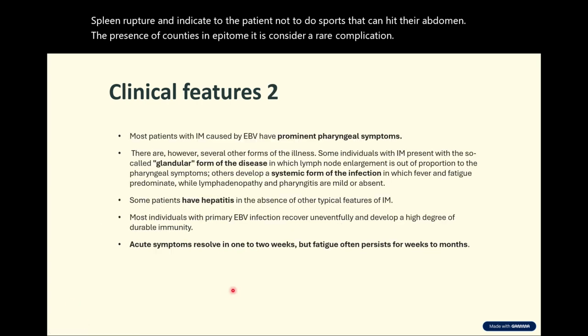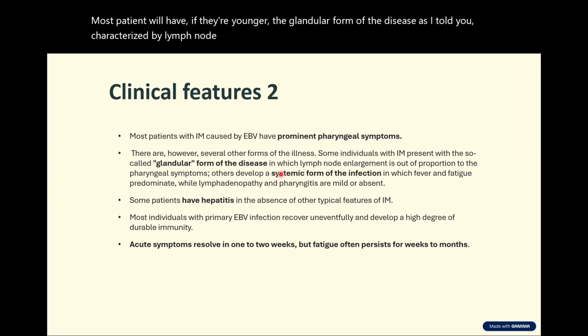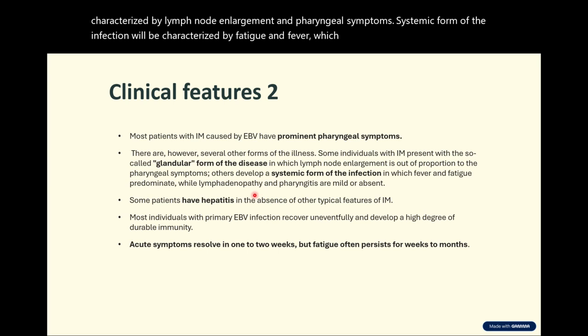Most patients, if they're younger, will have the glandular form of the disease, as I told you, characterized by lymph node enlargement and pharyngeal symptoms. The systemic form of the infection will be characterized by fatigue and fever, which are systemic symptoms.